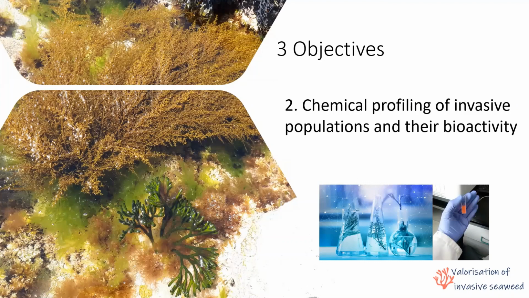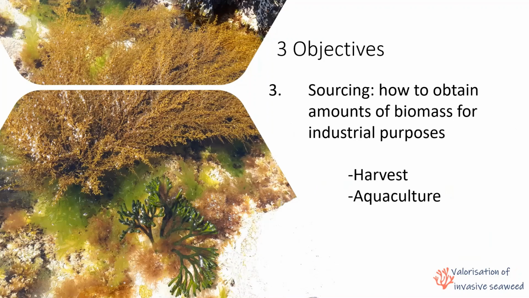This is because we have to find if there's something within them, or these toxic substances that I was mentioning, that we can use to make a profit. And the last objective is about sourcing: how to obtain this biomass that is needed for industrial purposes. For that, I will evaluate harvesting versus aquaculture.